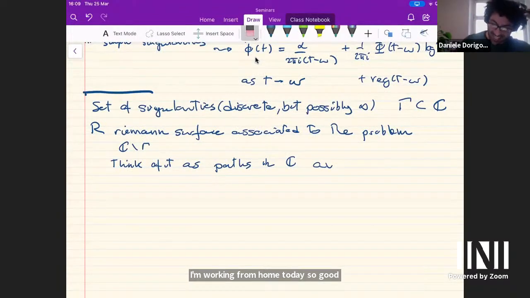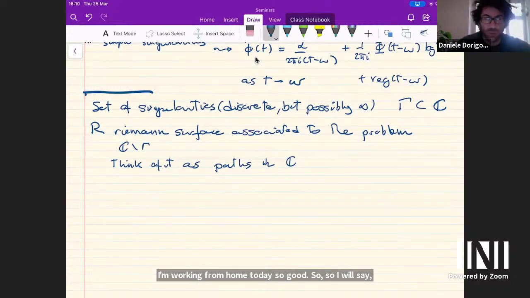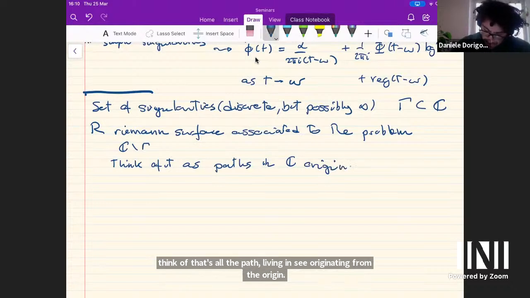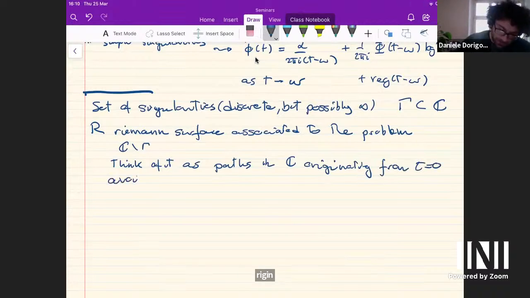So as I was saying, one way to think about this Riemann surface is as all the paths living in C, originating from the origin, and avoiding the set of singularities gamma.